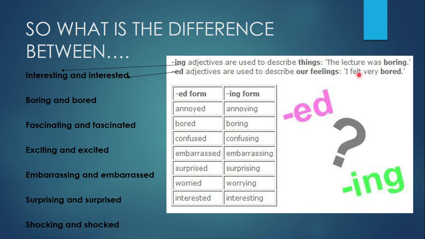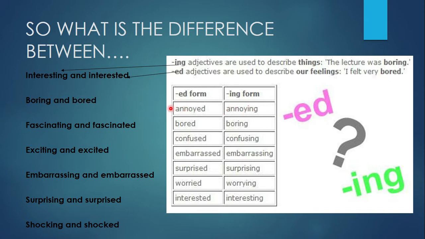The lecture was boring, my teacher was boring, yeah? Ed adjectives are used to describe how we feel about someone or something. I felt bored in the class because my teacher was boring, okay? So look at the ed form and the ing form.